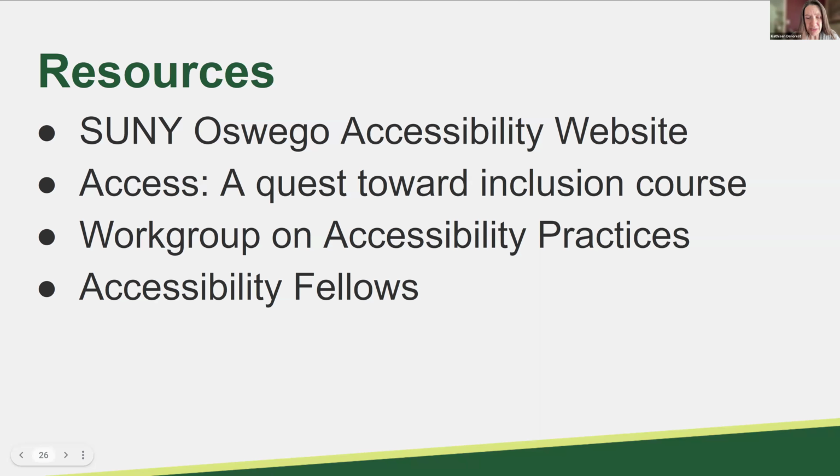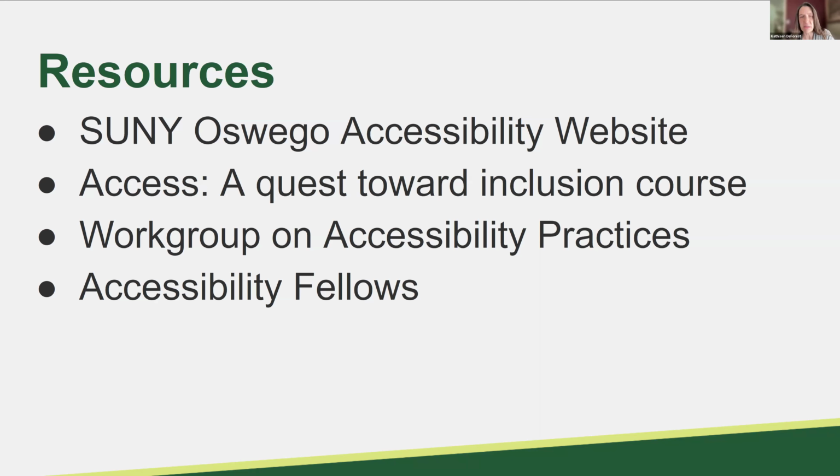There's a lot of information, but there's a lot to know in general. So, like you said at the very beginning, it's important to know that you need to know, and you don't necessarily need to know everything, but just kind of always be on the lookout for different pieces of information that might be new to you. If you run into questions while working on documents, syllabi, web pages, whatever it is that individuals are working on, coming across something and saying, oh, I wonder if this should be made accessible, and you don't know the answer, feel free to reach out to someone within the work group or check the accessibility website, which I did.